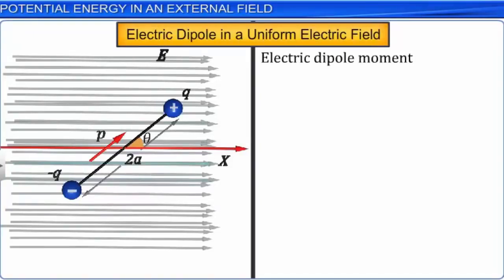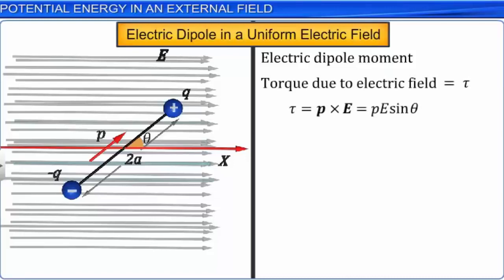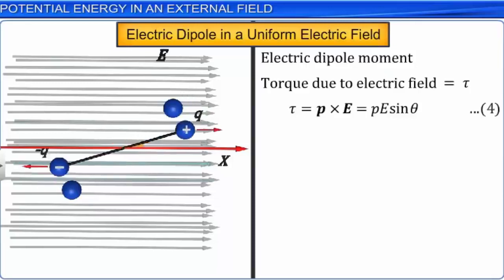The dipole, when placed in a uniform electric field, experiences a torque tau, which is equal to P cross E, equal to P E sine theta. Let this be equation 4. This torque rotates the dipole until it is aligned in the direction of the external electric field.